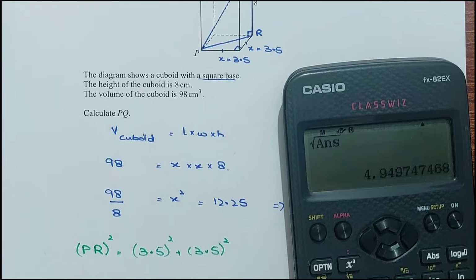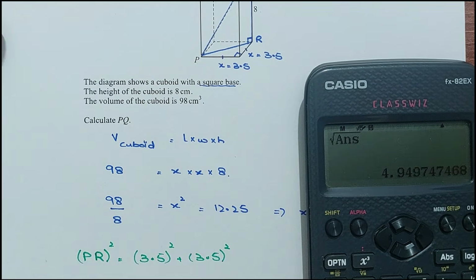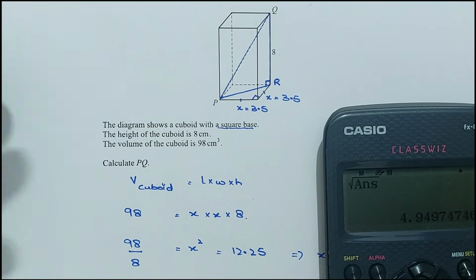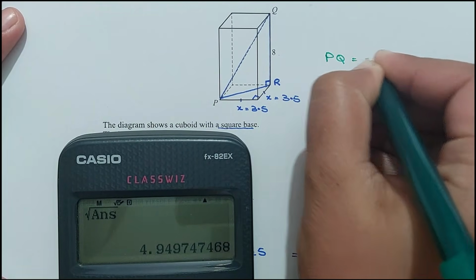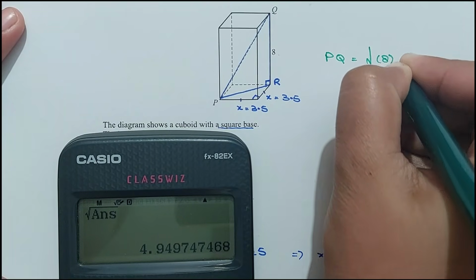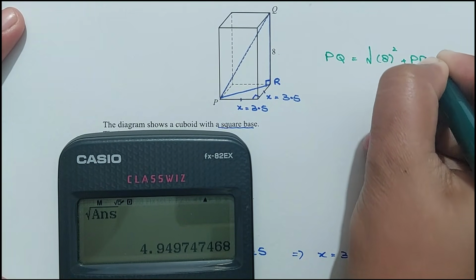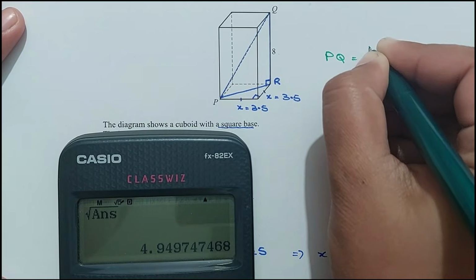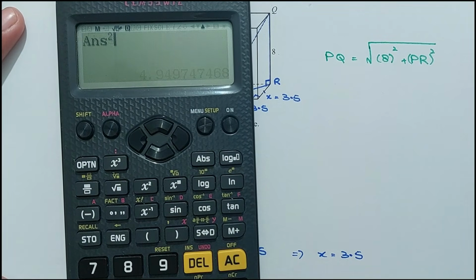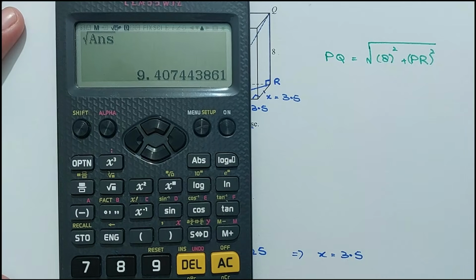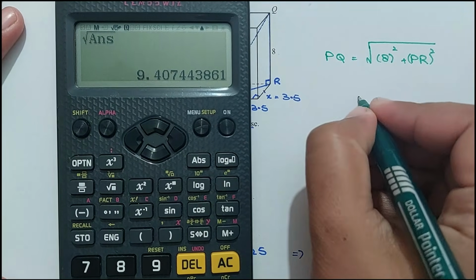Okay, now we have to find PQ. Again, we have to use Pythagoras theorem. PQ is the square root of 8 square plus PR square. We find its square, add 64 and take the square root of the answer. This is 9.41.